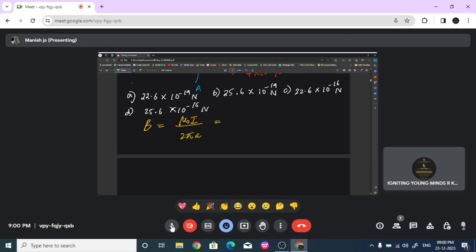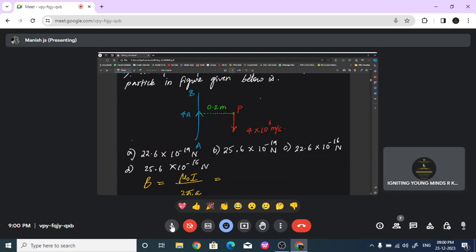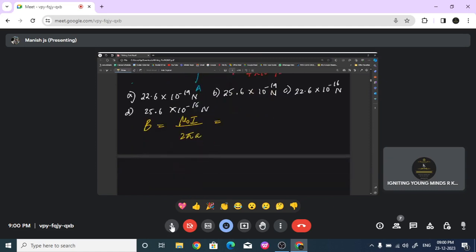That A is nothing but your radial distance. Are you understanding? That is your radial distance. You have to visualize. Okay. So that is your A. So go and substitute the values, mu naught I upon 2 pi A. So what do you get? If I substitute this and simplify, you will get 4 into 10 power minus 6 Tesla.